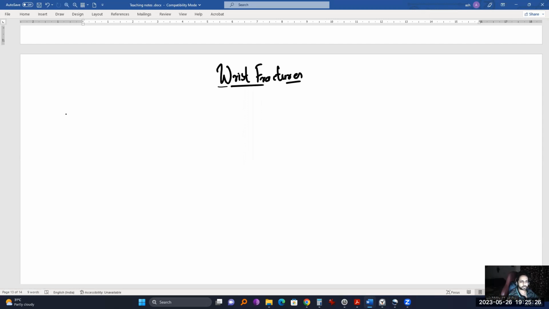One is the Colles fracture. Then next is the Smith's fracture. Then next is the Barton's fracture.